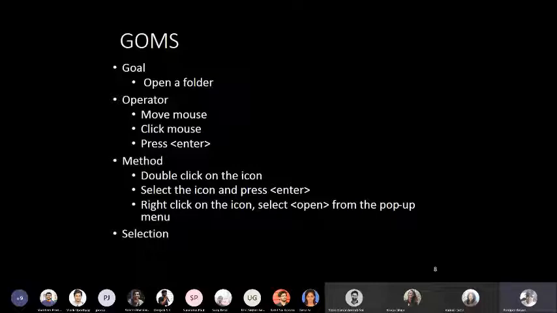Then we have to define a set of operators, and we will see in the very next slide that there is a small and finite set of operators for most operating system or HCI tasks. And then we have to look at all possible methods and select one of the methods, and using that we can predict how the human operator will work.